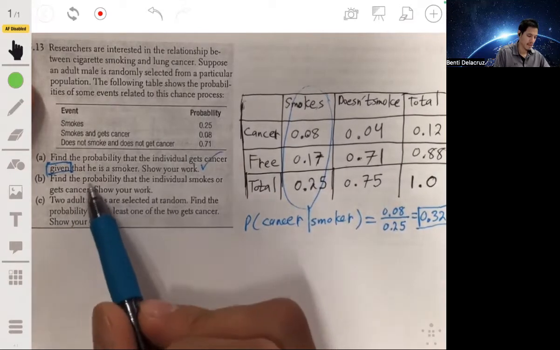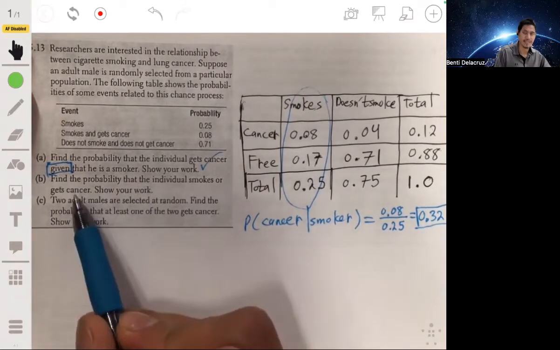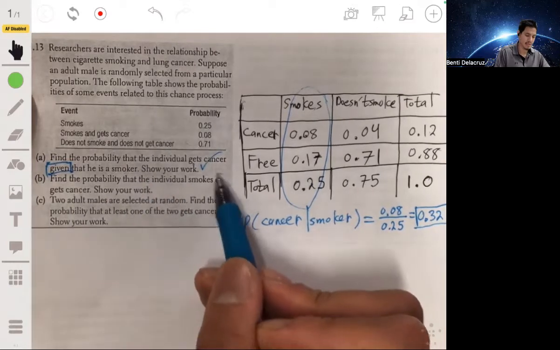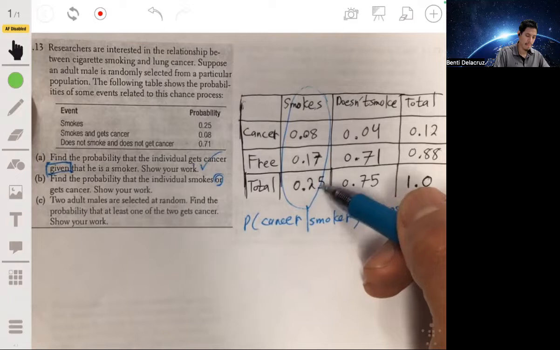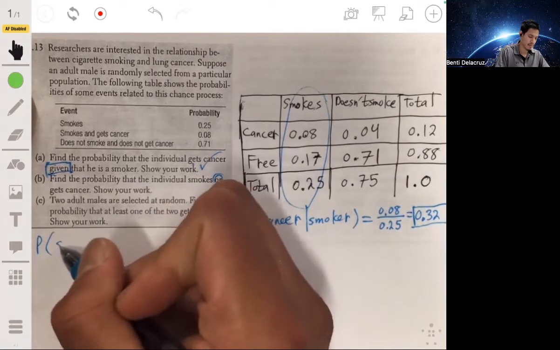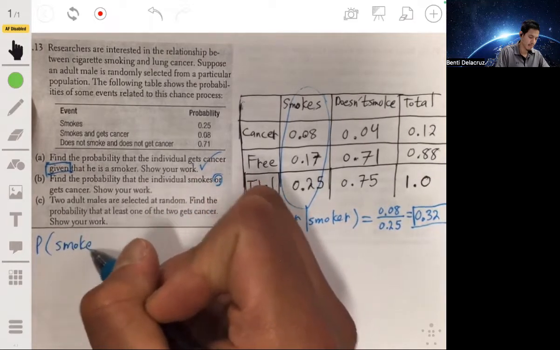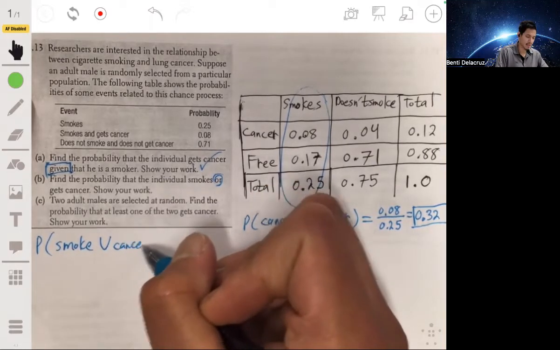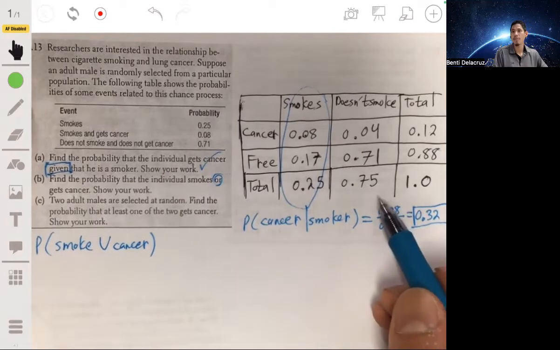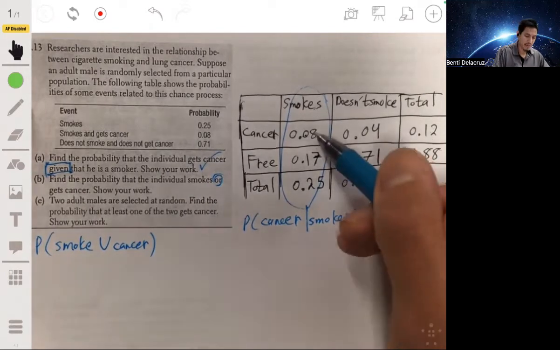Okay, part B, find the probability that the individual smokes or gets cancer. Smokes or gets cancer, so two things. So the probability that they smoke, let's write this out, probability that they smoke or, that's union, get cancer. We have three things that work for that.